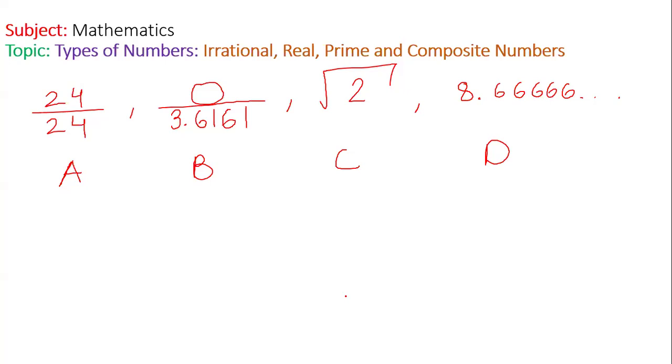I'm seeing B, C, D, A. Which one is an irrational number? I would say C. I'm seeing someone say no, not D. It's D.